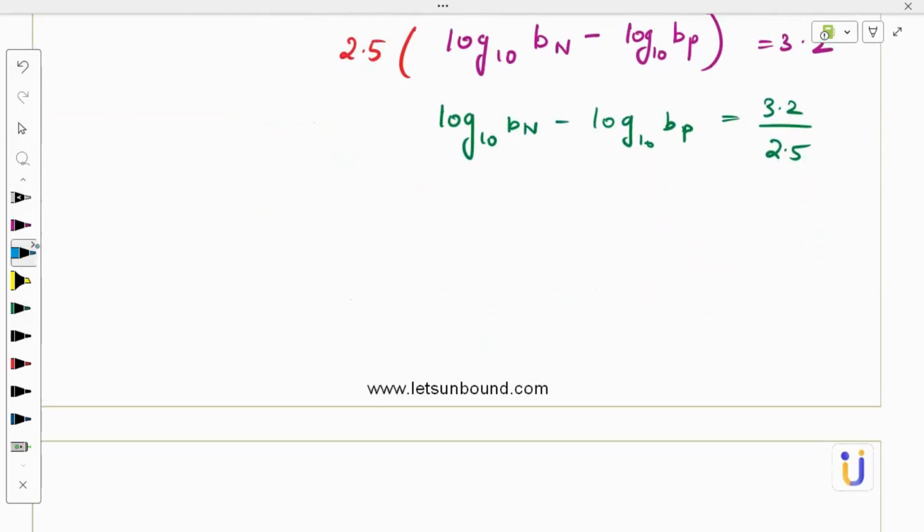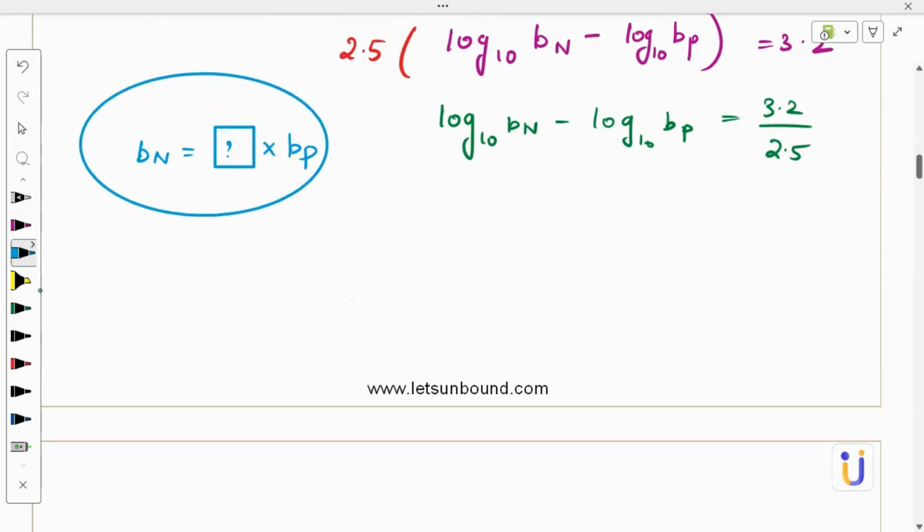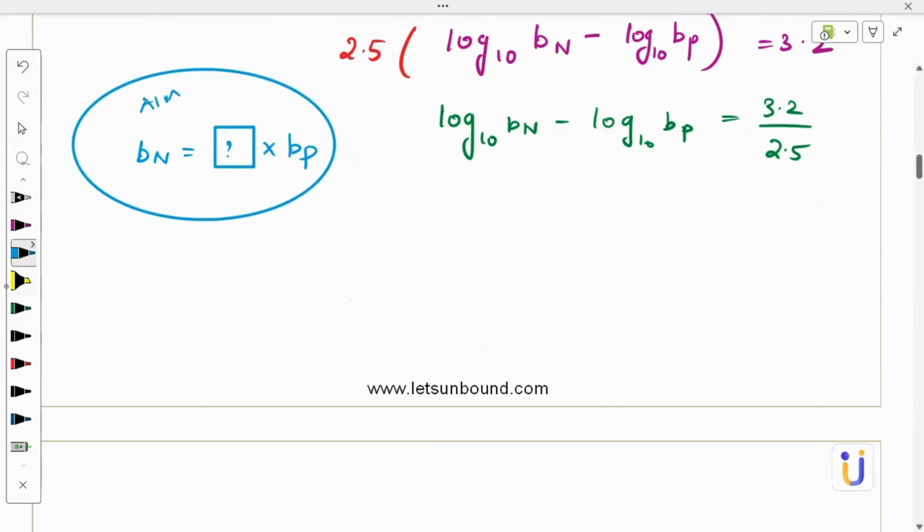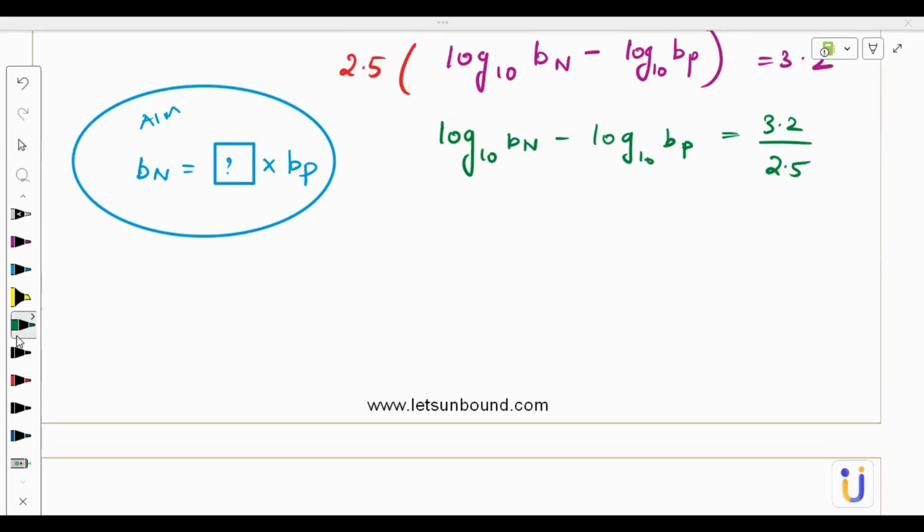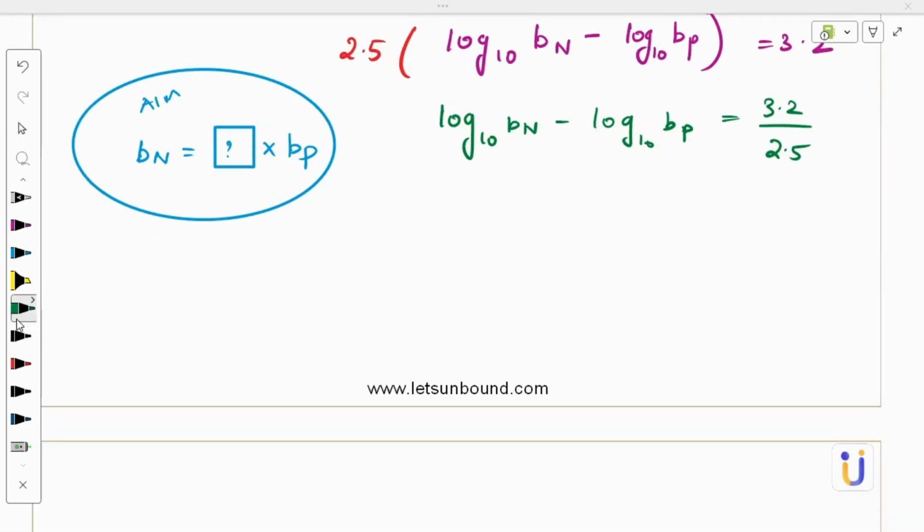Again, I want the ratio, how many times brightness of Neptune is compared to brightness of Proxima Centauri. This is our aim. Okay, so we should structure it that way. Log m minus log n, so here we have a formula. It is available in the formula booklet itself. The basic law of logarithm, division part.